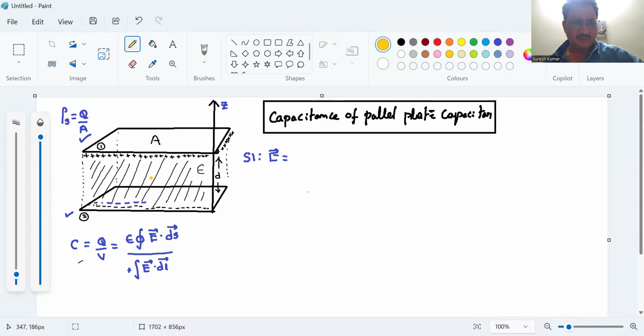One plate is of positive charge, one more plate is of negative charge. So at this point, the yellow dot, the electric field intensity due to plate 1 is rho s by 2 epsilon, minus az bar.